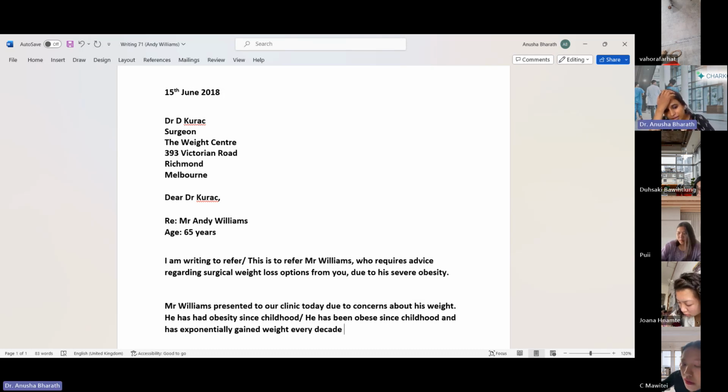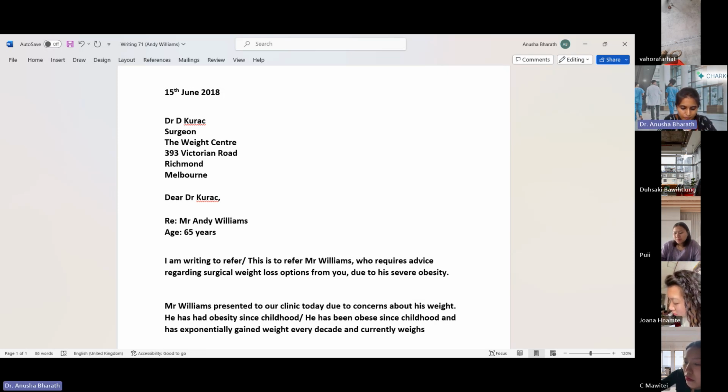He has been obese since childhood and has exponentially gained weight every decade, and currently weighs.